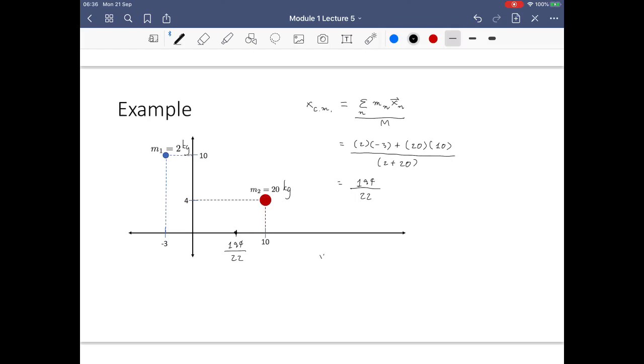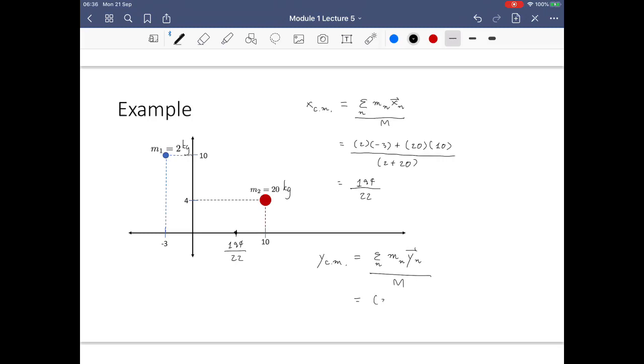All right. Now the next thing is, what is the position of ycm? We need both xcm and ycm in order to find the actual position of the average. So ycm can be calculated similarly: the sum of mn yn over the whole mass.